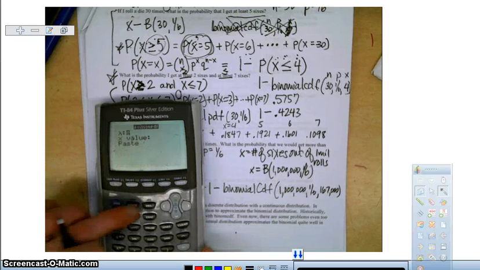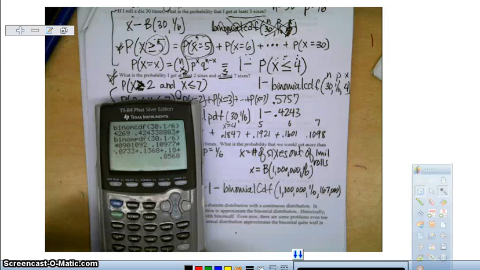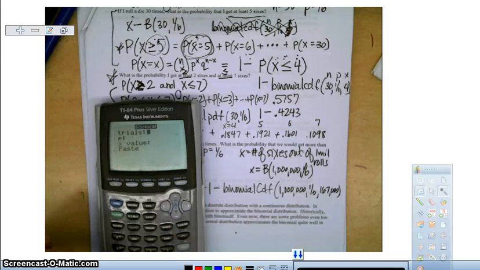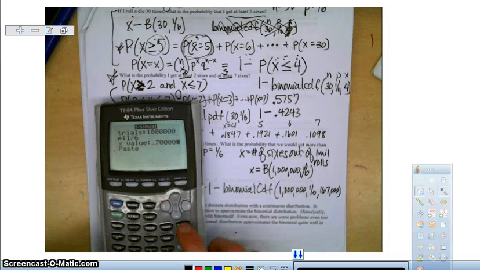Oh, what did I do? 1 minus. You got an error? Well, let's see what I get. Yeah, I got it. It's nothing to do with radians. Is it too big? Or no, it has to be less than 1. Does it say domain error?